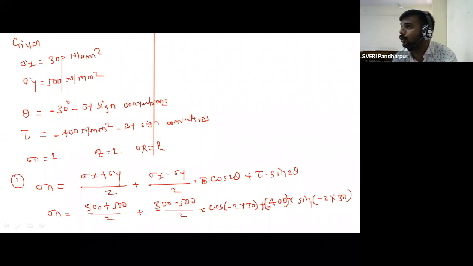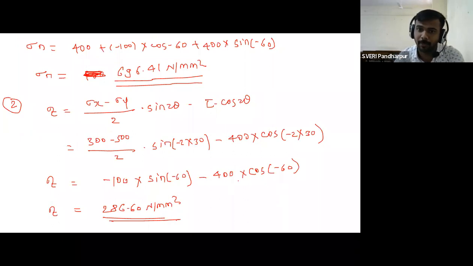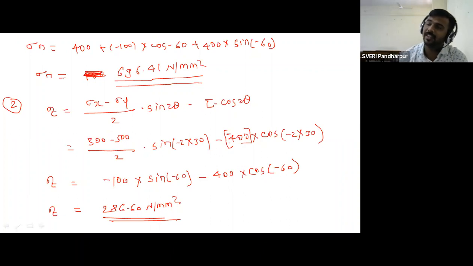Then at the end you have to make the addition, subtraction wherever it is required. Correct? So I forgot to take the sign convention of tau also. Actually it is minus 400. You also take minus 400 wherever we are keeping the value of tau. Correct. The answer is correct. 696.41 is correct, and 286.68 is also correct.